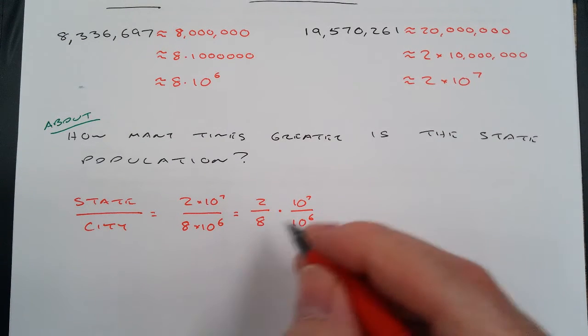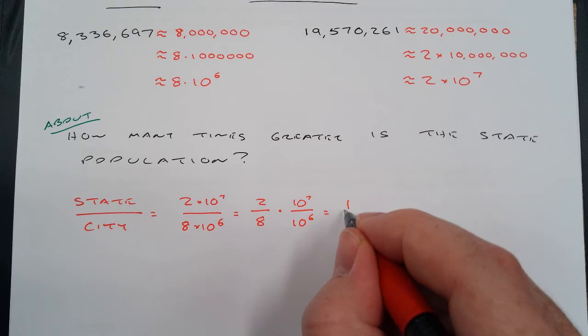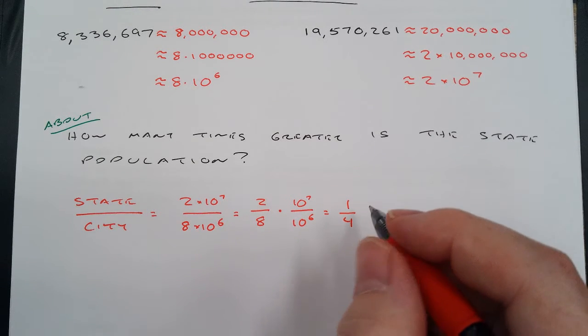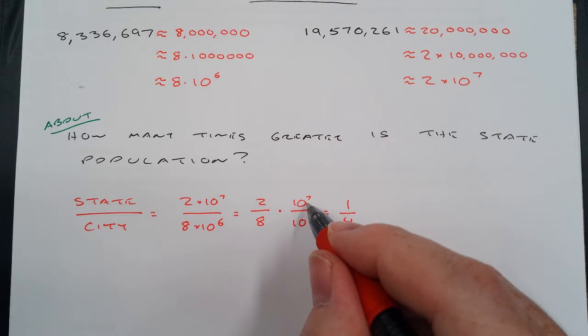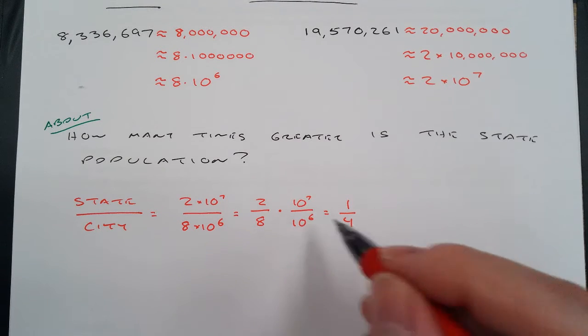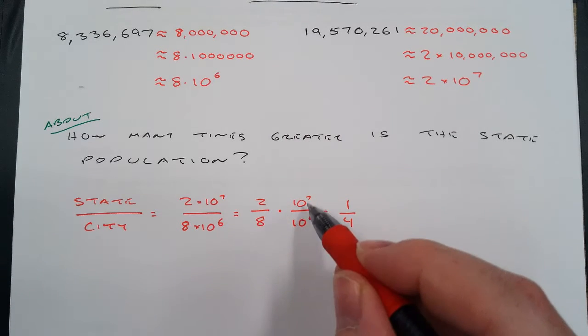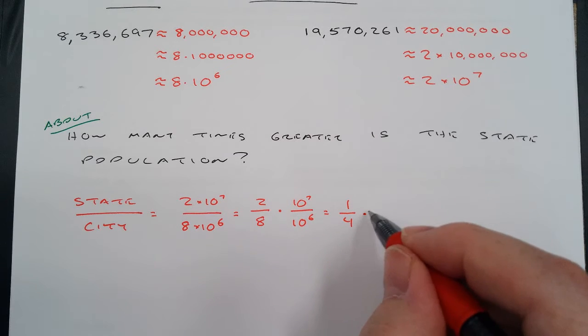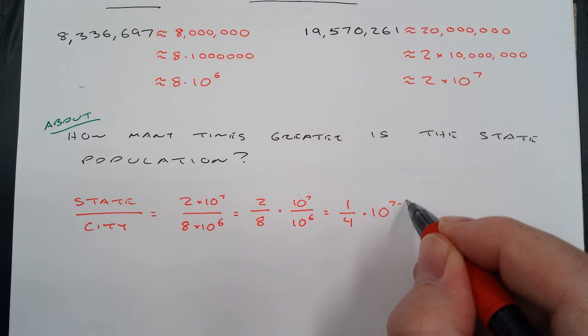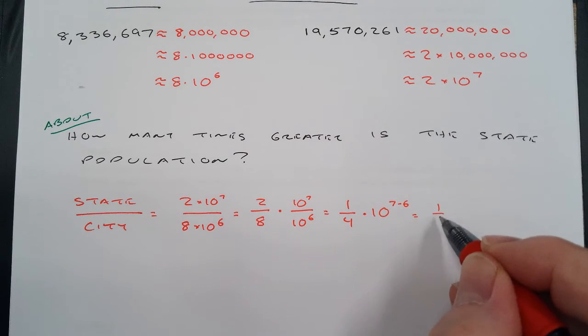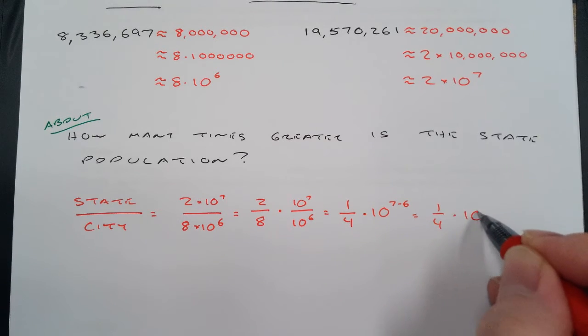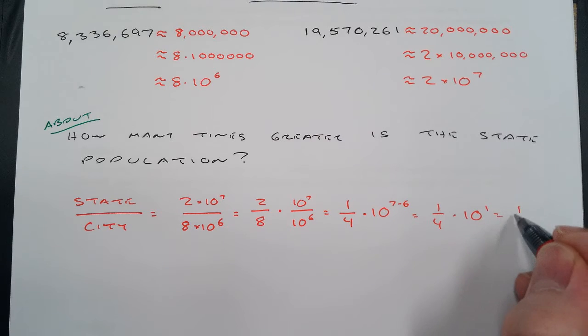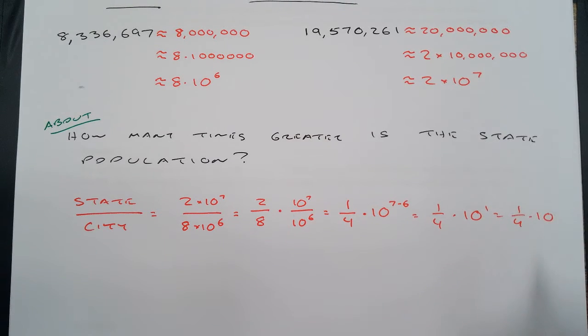Now, 2 divided by 8, you should be able to reduce that fraction to get 1/4. How do we simplify the exponents? Well, you remember the rules from the first part of Module 1. Bases are the same, so subtract the exponents. That gives us 1/4 times 10 to the 1st, which is 1/4 times 10.